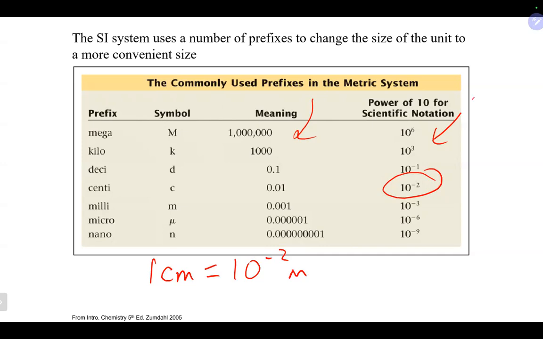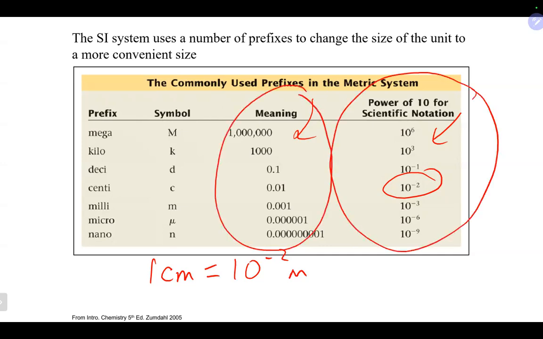So what we see on this side, and really even this side as well, is how much there are in the base unit to 1 prefix unit. So again, it's a very common thing that people really reverse around all the time.